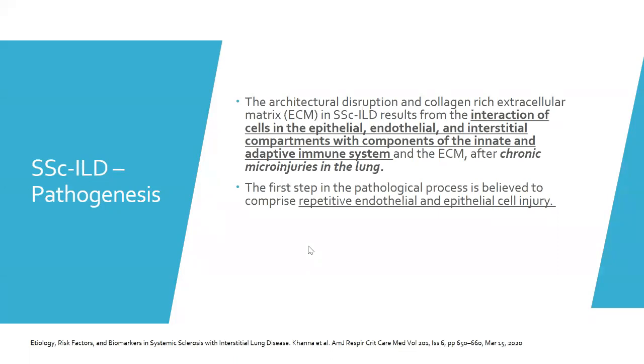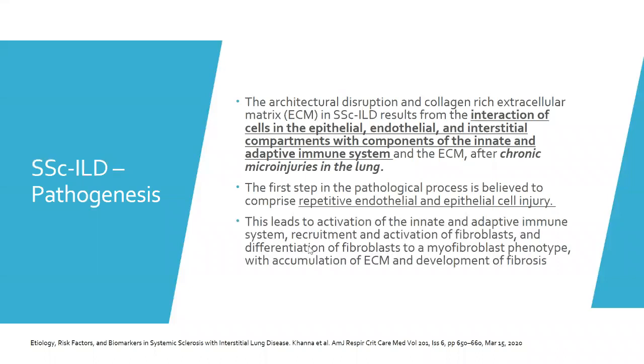What is really recognized is you have repetitive damage to the epithelial and endothelial cells that sets off this fibrotic reaction. Initially, you just have activation of fibroblasts, and then these fibroblasts differentiate into myofibroblasts. And these myofibroblasts accumulate in the extracellular matrix, eventually leading to interstitial lung disease.